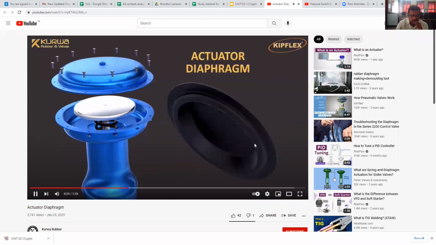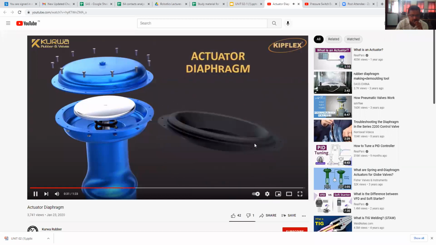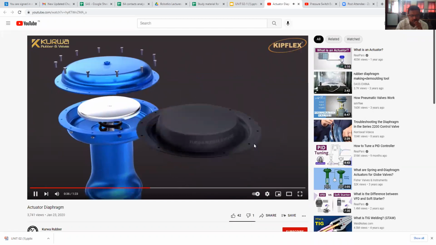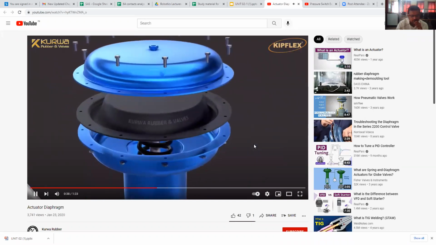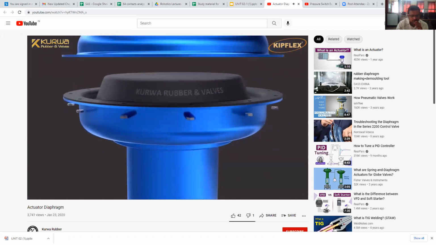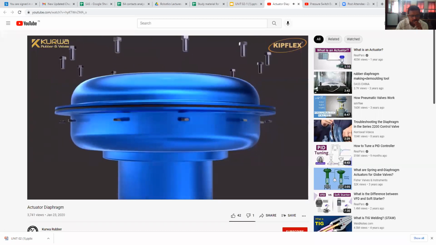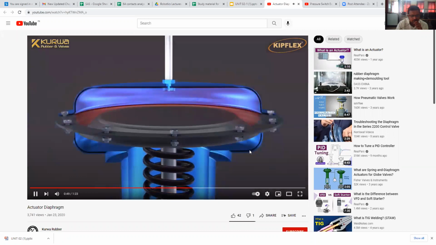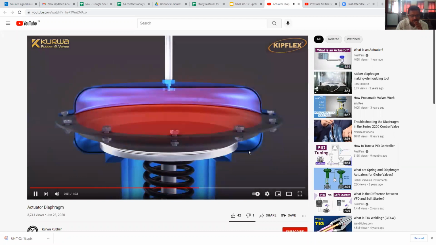See that this is the diaphragm. See how it is working.